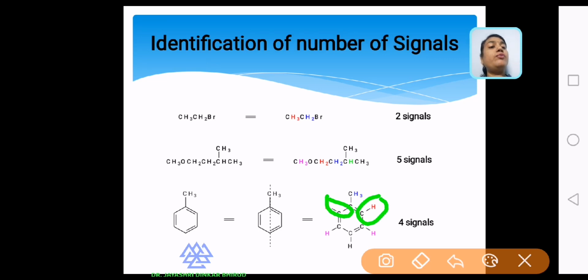So the chemical environment on both sides of these highlighted CH groups is the same. Therefore, these highlighted CH groups give only one signal because they are in the same chemical environment.